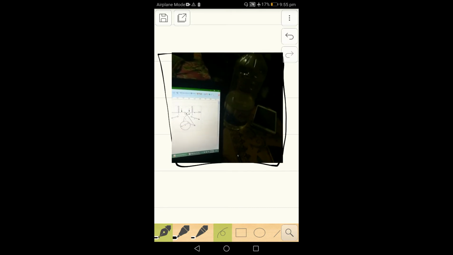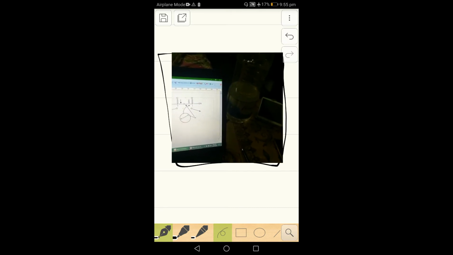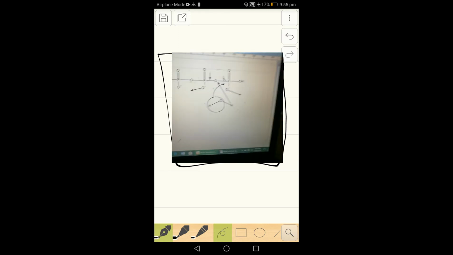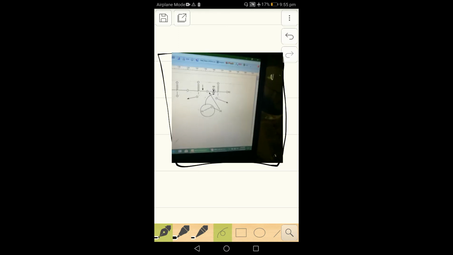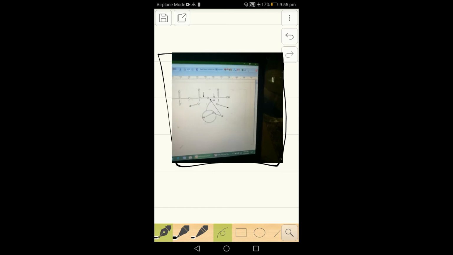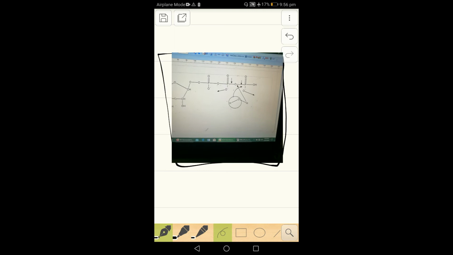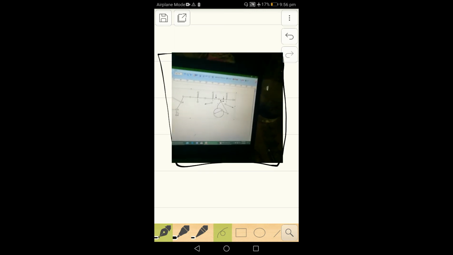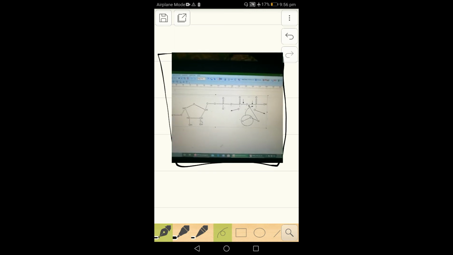So this linkage, the whole linkage, gets broken down like this.